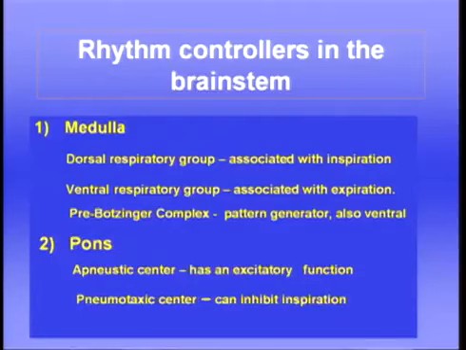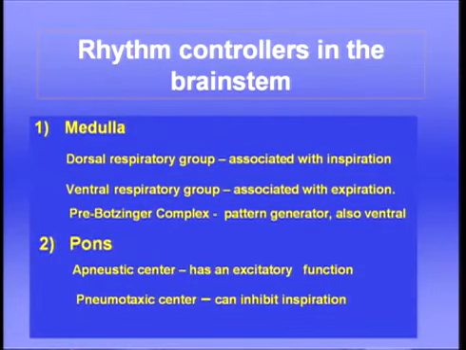Then at the end of inspiration, the impulses go away, and during expiration, the system is quiescent. Of course, on exercise, when expiration has to be active, then expiratory impulses also occur.